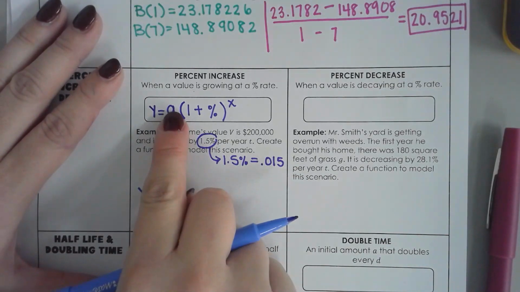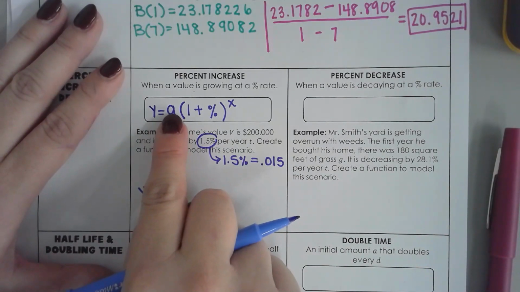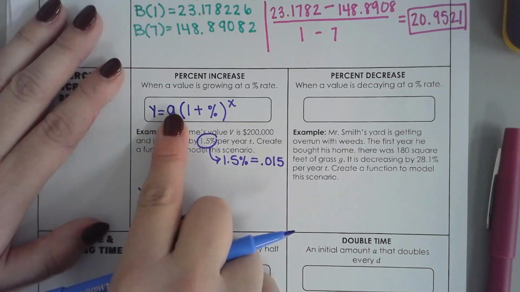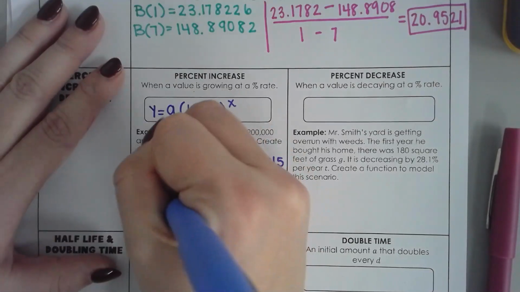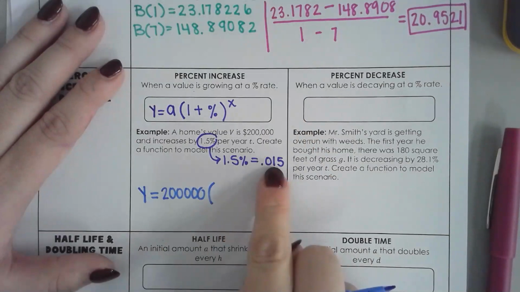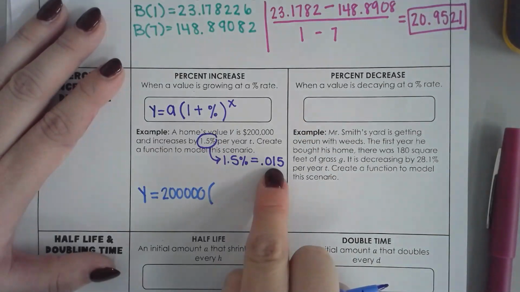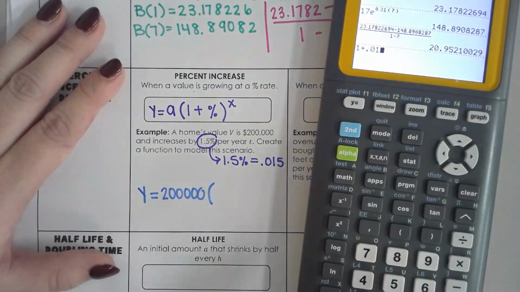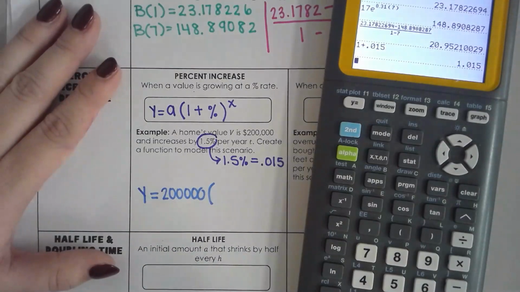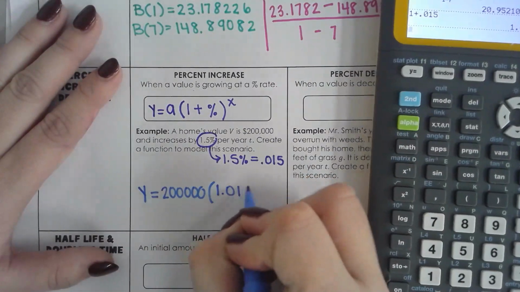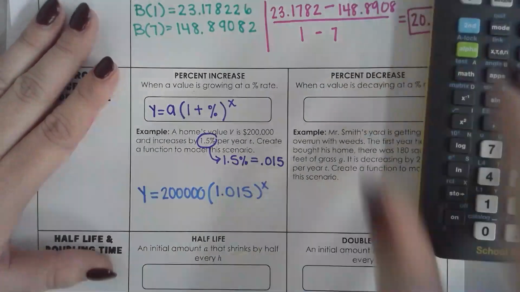So in this case, it is what? What's the starting amount of my house? 200,000. And then my B is 1 plus 0.015, which is 1.015, to the X.